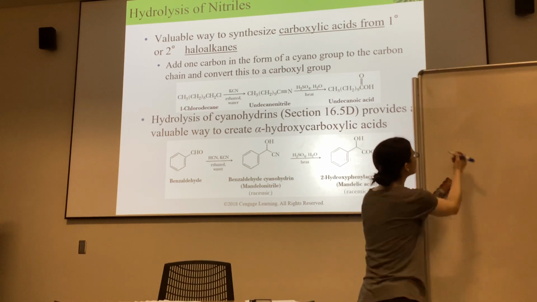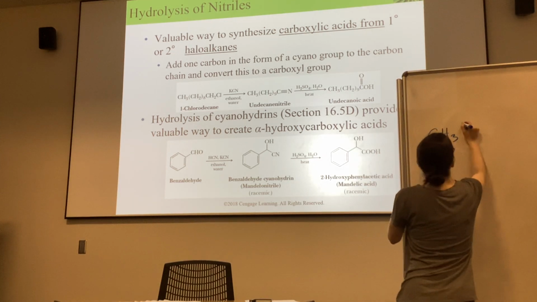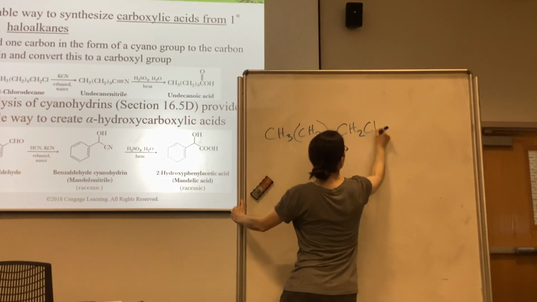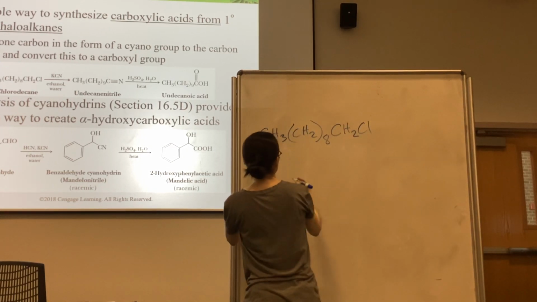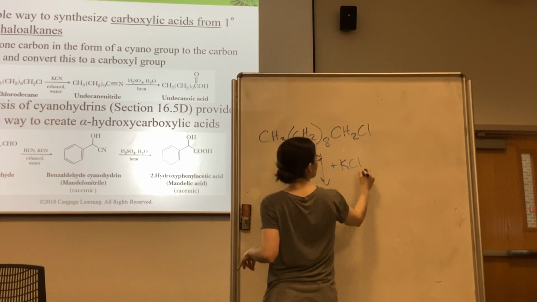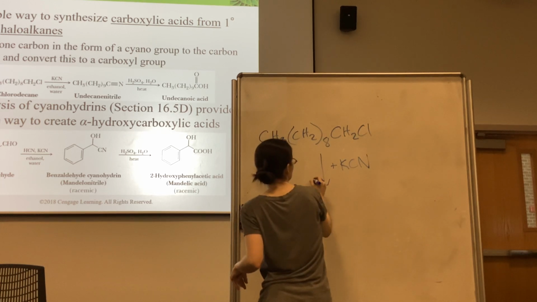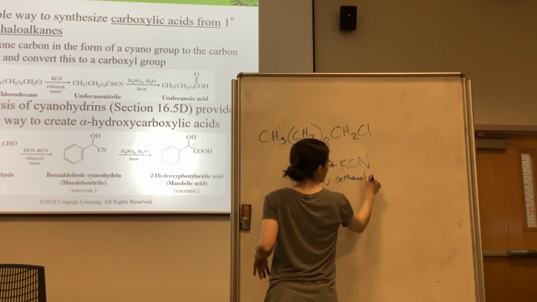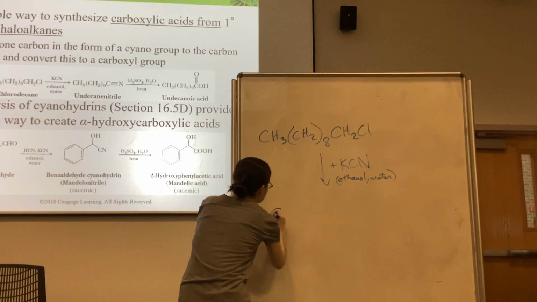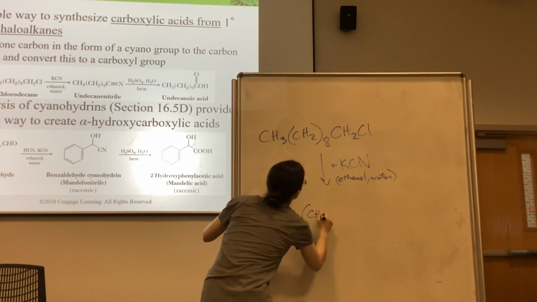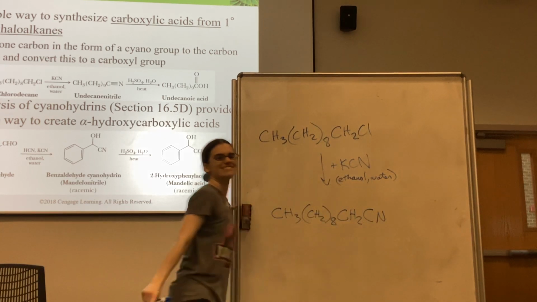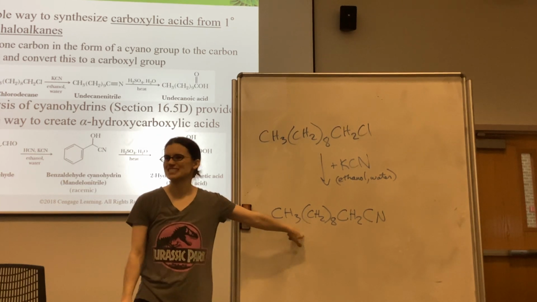So if they draw me CH3, CH2, 8, CH2Cl, which is just a chlorine off of that, plus KCN in ethanol and water, then they're going to show me the products like this: CH3, CH2, 8, CH2CN, right?